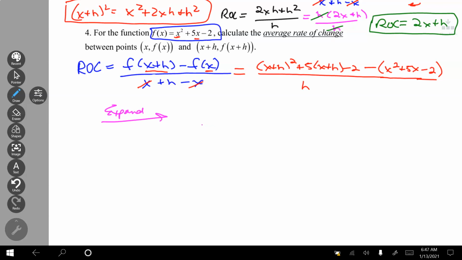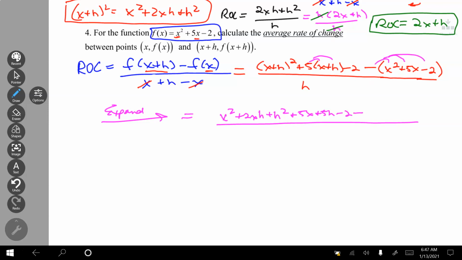And we just talked about x plus h squared, it's right here. You could even see it on the screen, it's x squared plus 2xh plus h squared. I distribute my 5, plus 5x plus 5h minus 2. I distribute my negative sign, and it becomes minus x squared minus 5x plus 2, all over h.